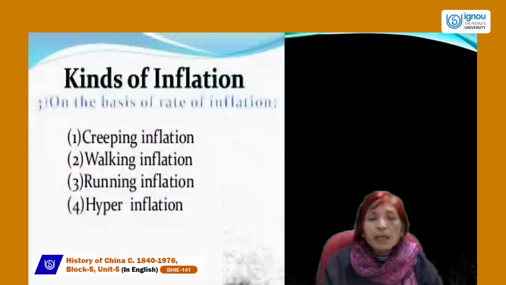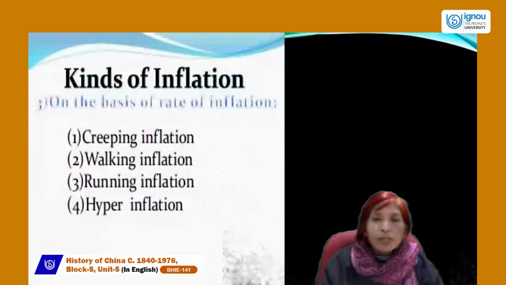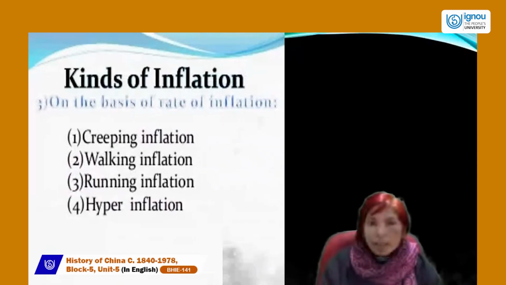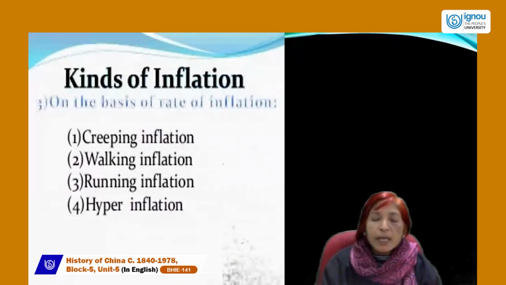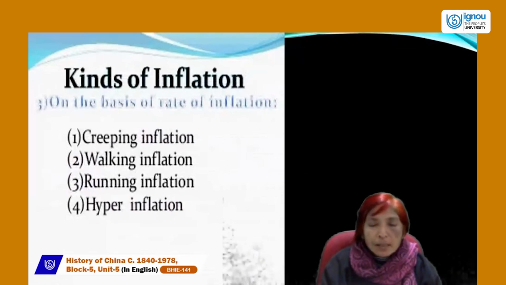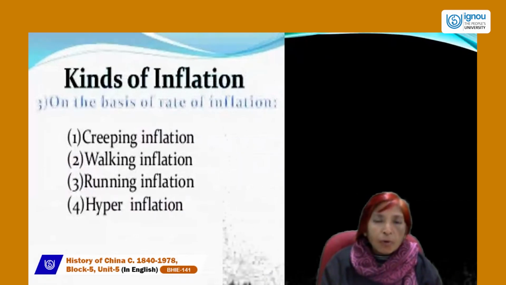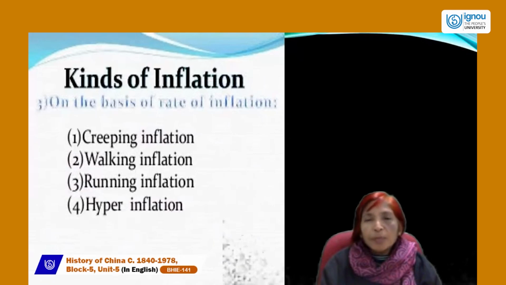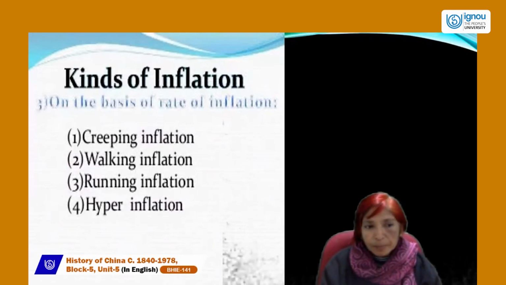Now, what are the kinds of inflation? One is creeping inflation. When the inflation rate is between 2 to 3%, that is creeping inflation or mild inflation. Walking inflation is a situation when the price level rises by 4 to 6%, in between this range.